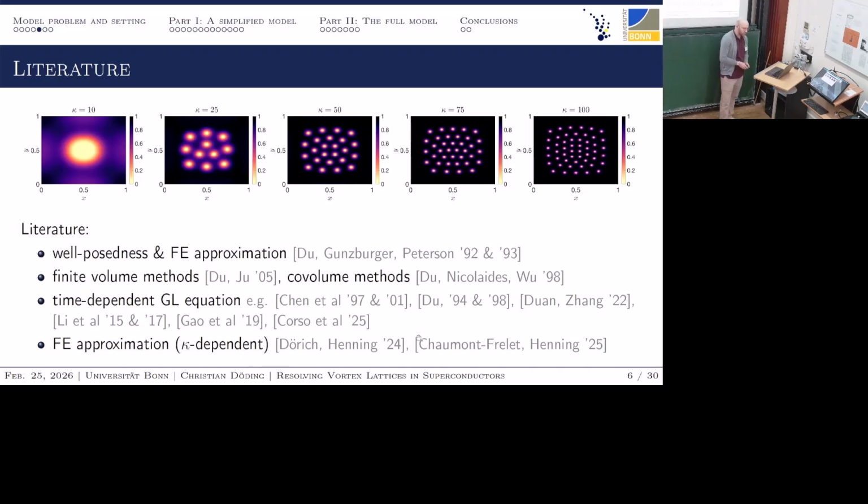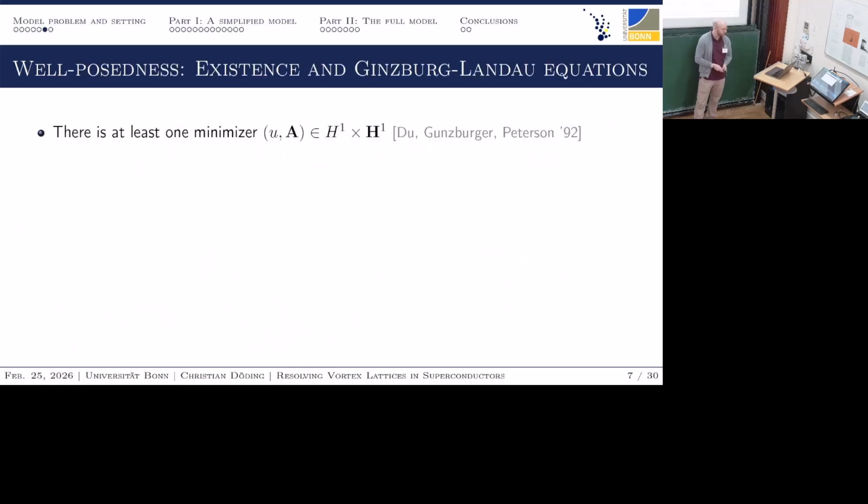And in 24, my collaborators Benjamin and Patrick started to recap this work by Ginzburg and Peterson, and then developed an error analysis that actually traced this dependency on this parameter kappa. And I will recap a little bit of it. And Patrick and Théophile Chaumont-Frélé also refined the analysis there regarding higher order finite elements.